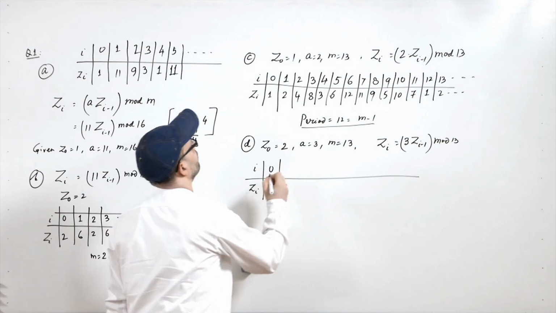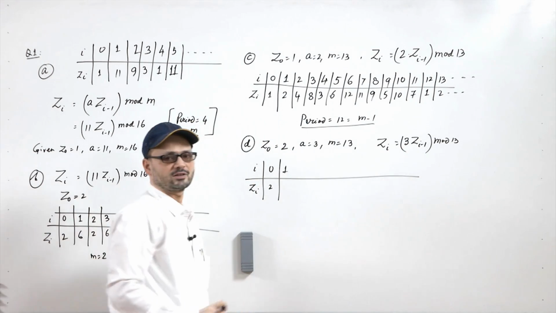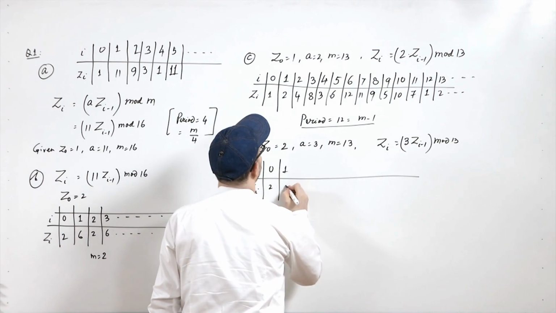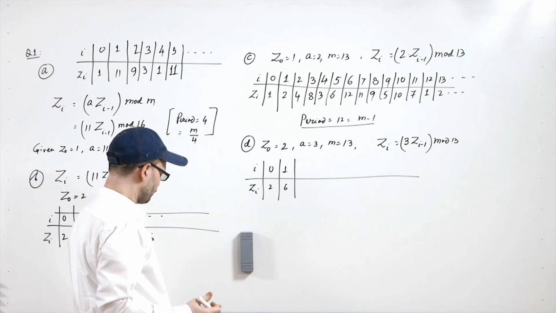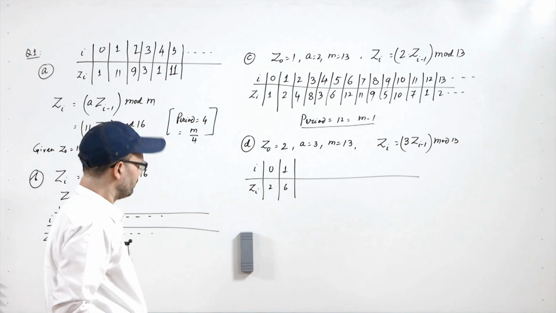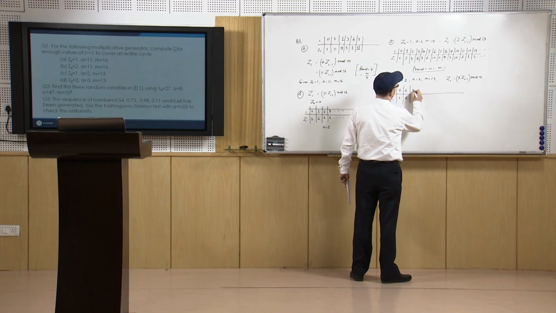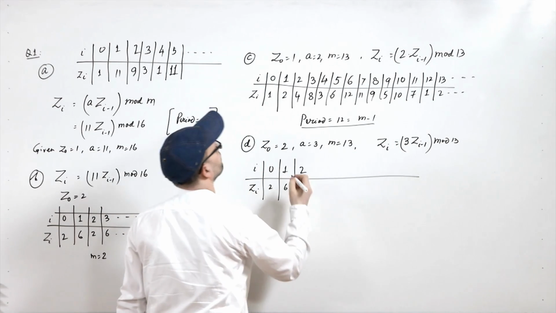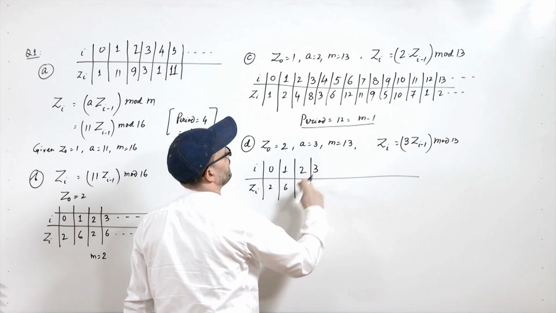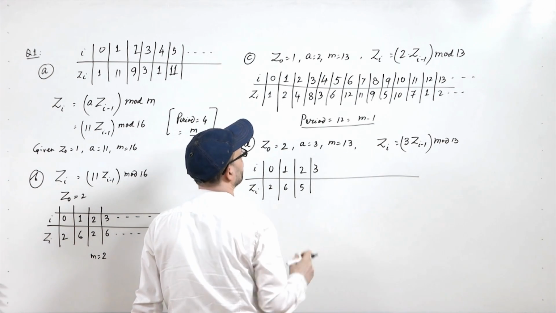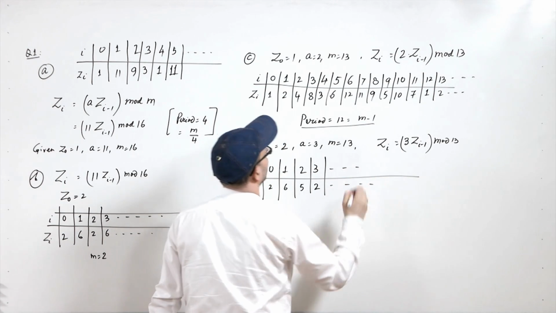Then with 1 it will be 2 times 3, 6 mod 13, so it will be 6. Then 6 into 3, 18 mod 13, so it will be 5. In the third case 5 into 3, 15 mod 13, it will be 2. So further it will be going.